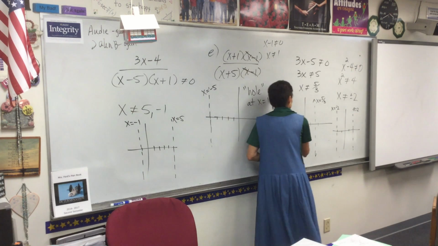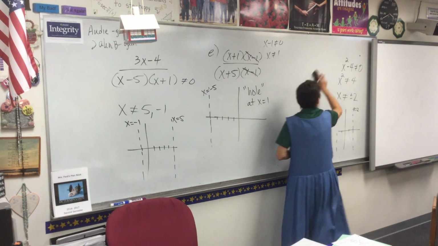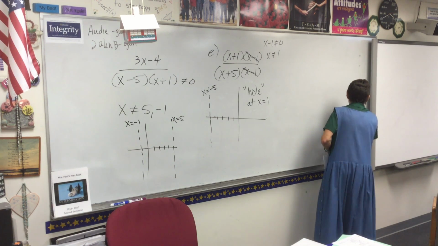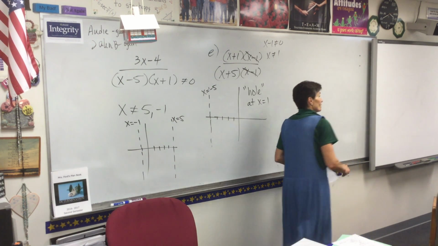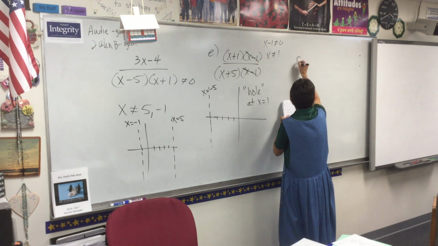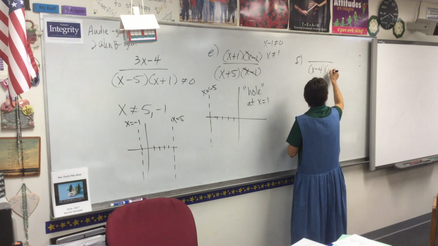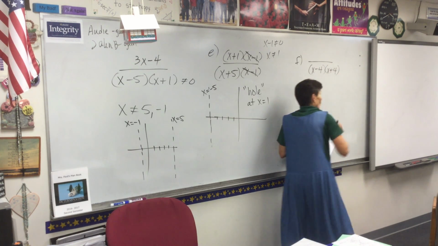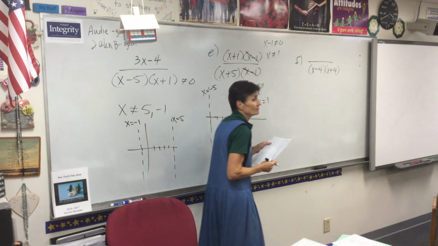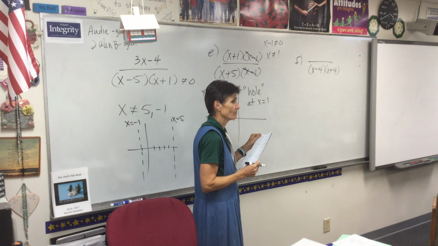All right, F. What do you think about problem F? We can factor it, sure. On the bottom you have x minus 4, x plus 4, perfect. What about the top? Does it factor also?